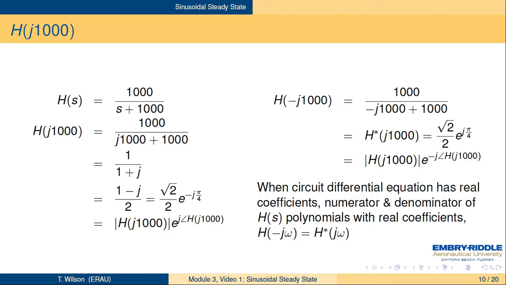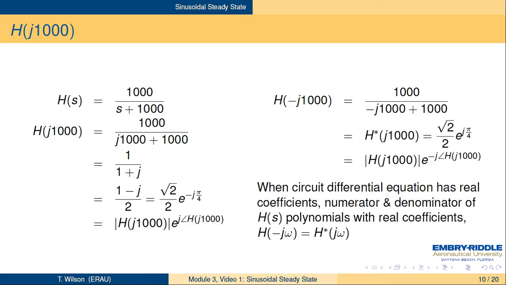Because the differential equations we're dealing with have real coefficients, and we know that those coefficients turn into the coefficients of the numerator and denominator polynomials in the rational function that makes up h of s, with the input side going to the numerator and the output side going to the denominator. And if you think about powers of s, then for even powers of s, when you plug in s equals j omega, you still get real numbers.